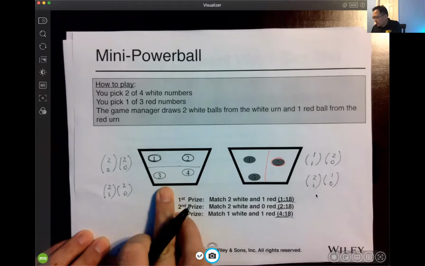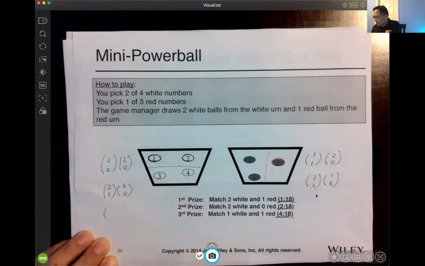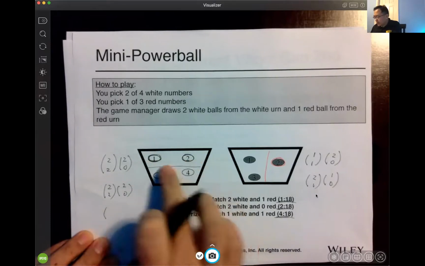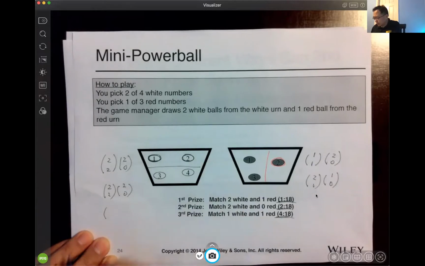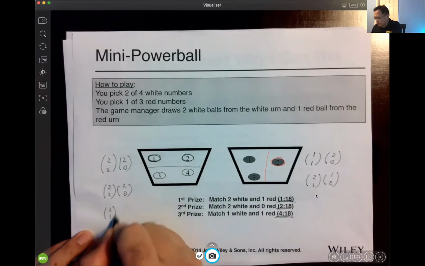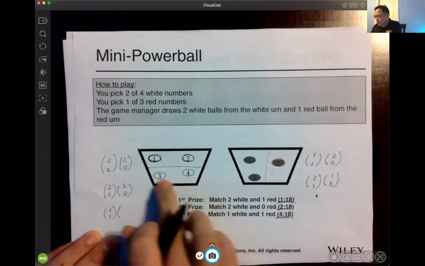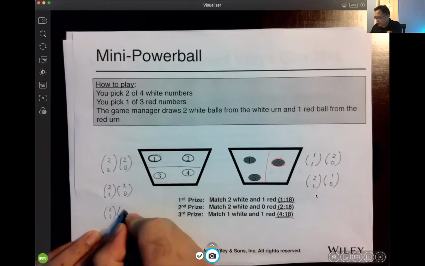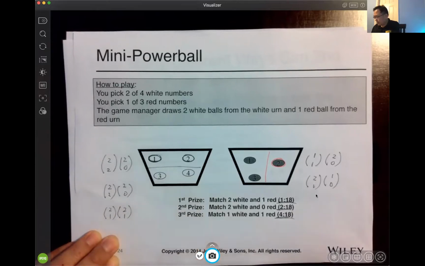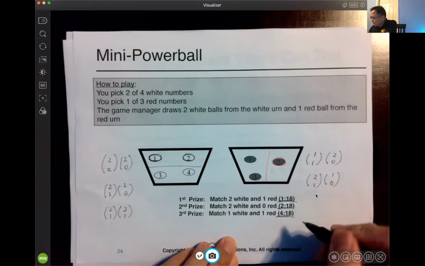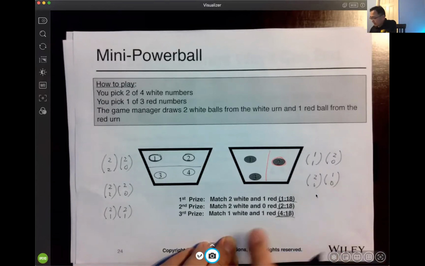For the white balls, from these two lucky balls, I just need to choose one. And from these two unlucky balls, I need to choose one. And from the red ball, I need a match.